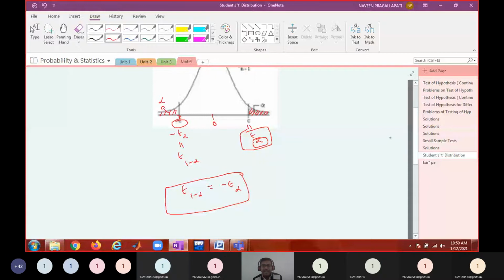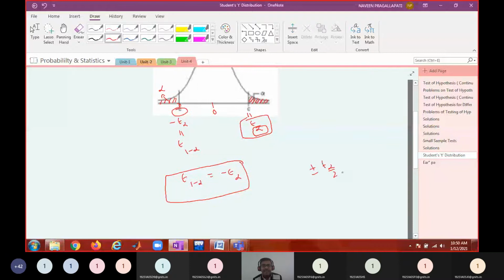Critical values are going to be plus or minus T alpha by 2 in case of a two-tailed test, plus T alpha in case of a right one-tailed test, and minus T alpha in case of a left one-tailed test.